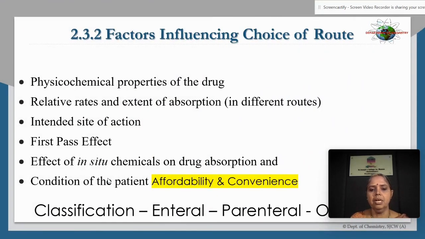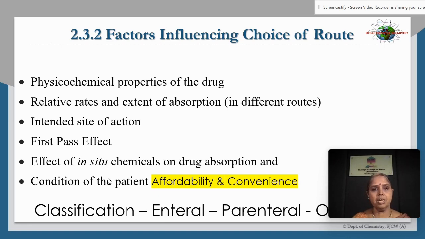Now, let us see what factors influence the choice of a particular route. For example, we know very well right from our childhood, we must have taken some or the other medicine at some point of time. For example, we must have swallowed a particular pill like paracetamol, or we must have applied a particular ointment or some balm for a pain, or we must have taken an injection.